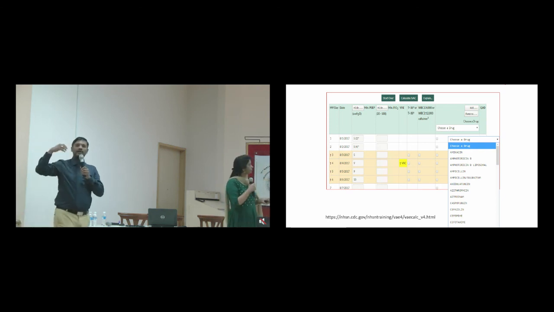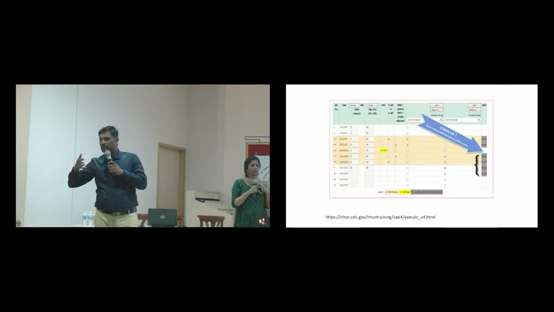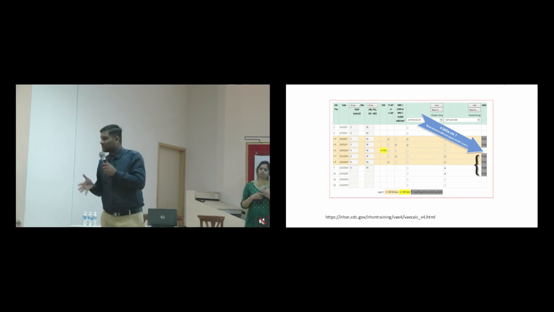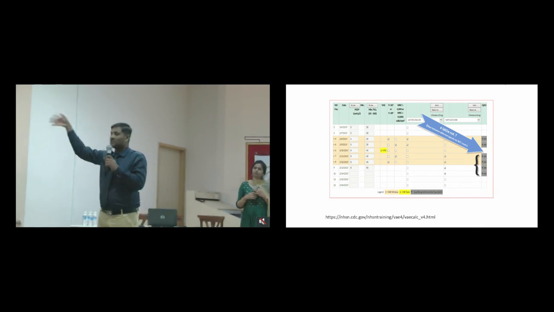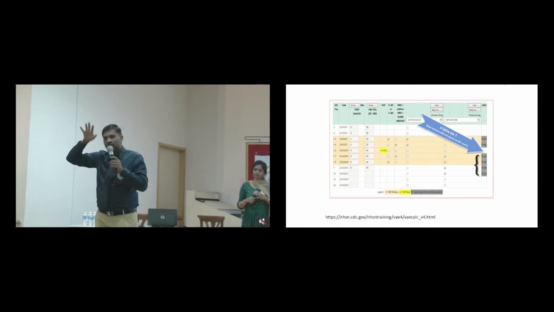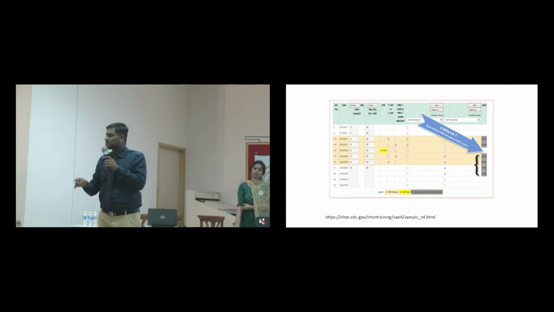So it will help you find out whether your thought process is correct or not. Whatever doubts you have, if it is 6, 7, if it is 9, 10, whether it will fit or not, you put those values here. The calculator itself will tell you whether it fits or not, and if it does not fit, it will explain why.